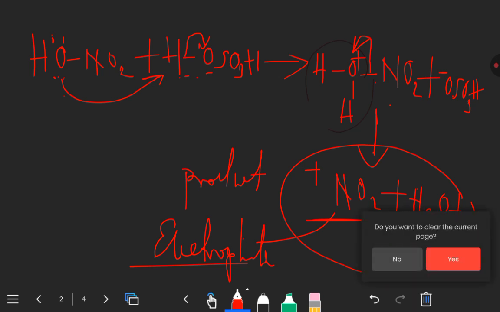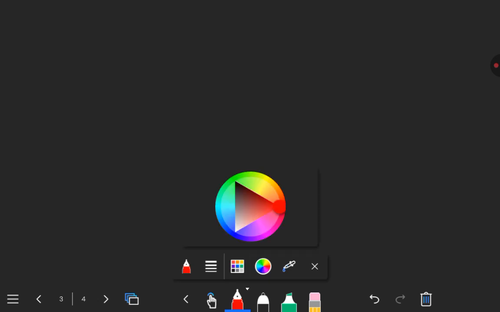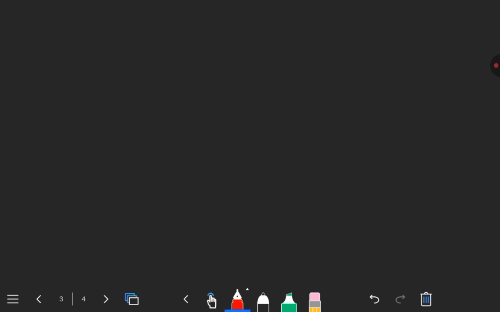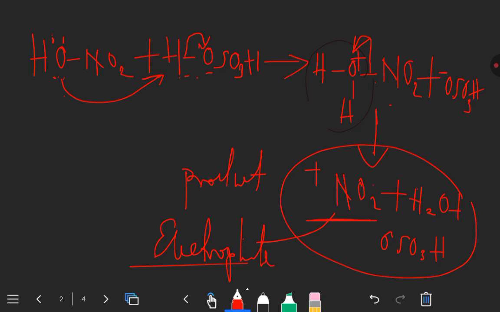So now let's have the benzene ring. The benzene ring we have is this one, with double bonds which are alternating, plus our electrophile, which is NO2 plus.